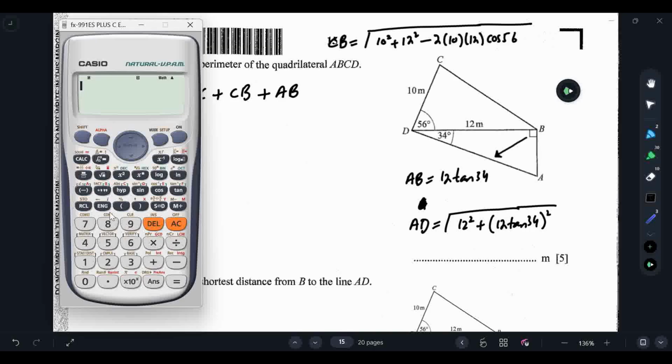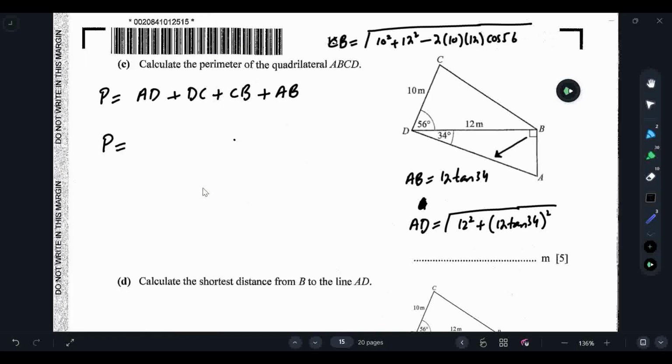So this will be equal to 10 squared plus 12 squared minus 2 into 12 into 10 into cos of 56. Now we have to take the square root of the answer. So this will be equal to 10.4782. So CB is 10.4782.